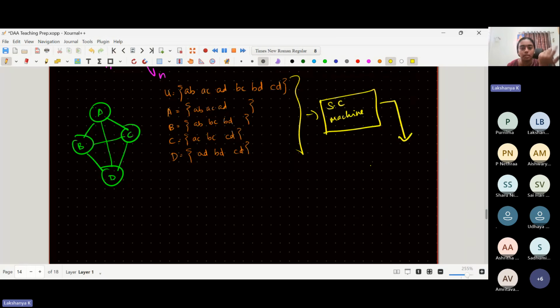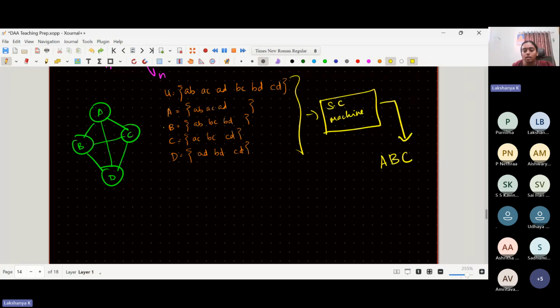There are multiple possibilities. Give me any one set of selected subsets. ABC works. So ABC is one possible output.